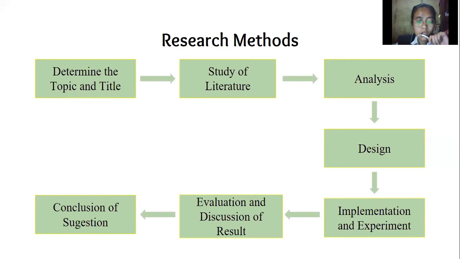Study of literature is conducted to find references related to research and to strengthen research results based on previous research. 3. Analysis. The analysis step is carried out to identify data and slang dictionary construction techniques in the scope of Instagram comments. The result of this analysis becomes a reference source in the design step.